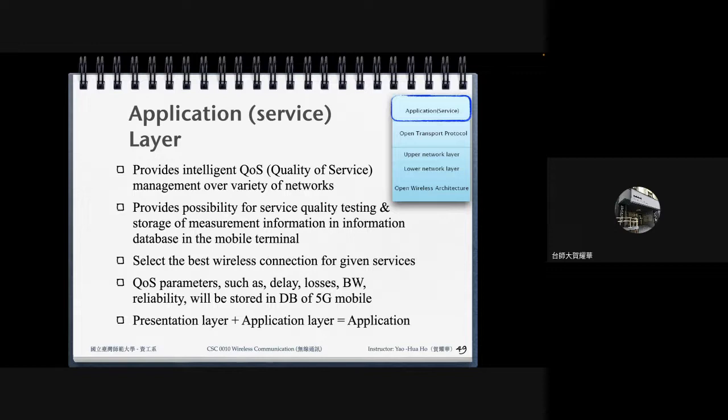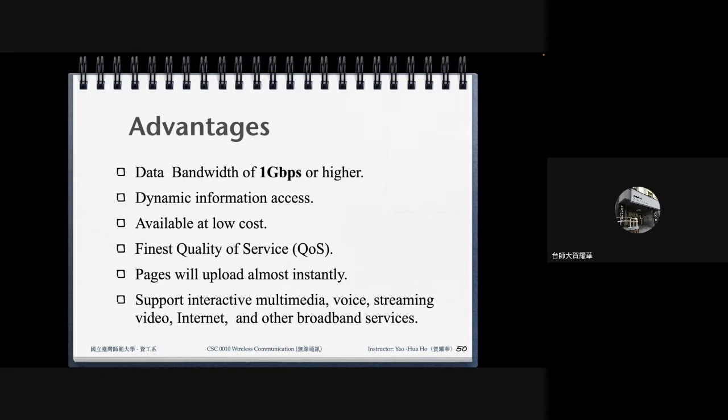The application layer, including the presentation layer plus the application layer, is all called the application layer in the 5th generation structure. Now the advantage of the 5th generation is that the bandwidth is up to 1 gigabyte or higher. It has dynamic information access, available at low cost.